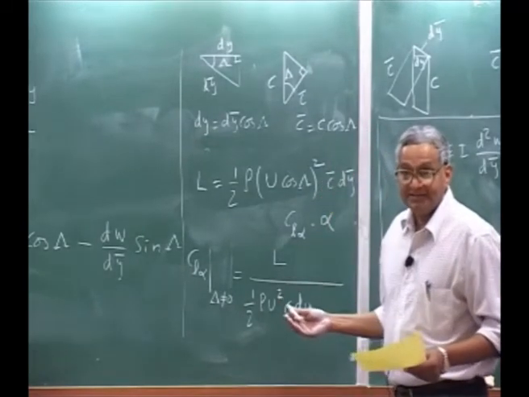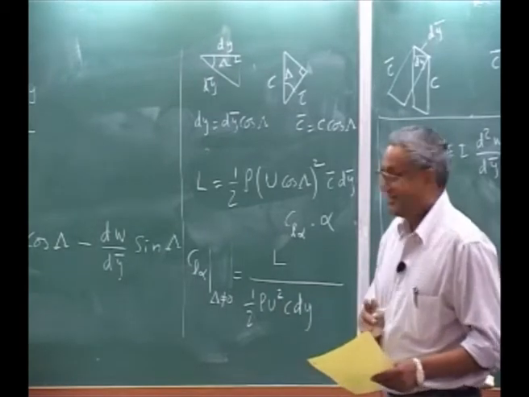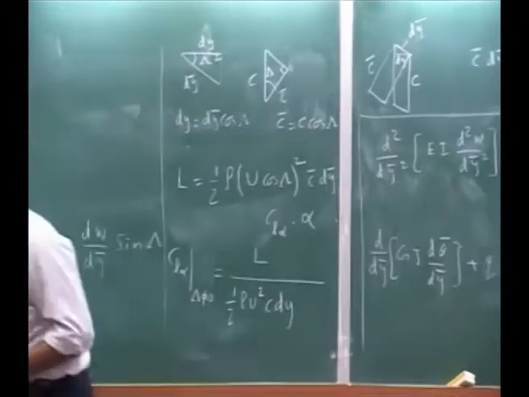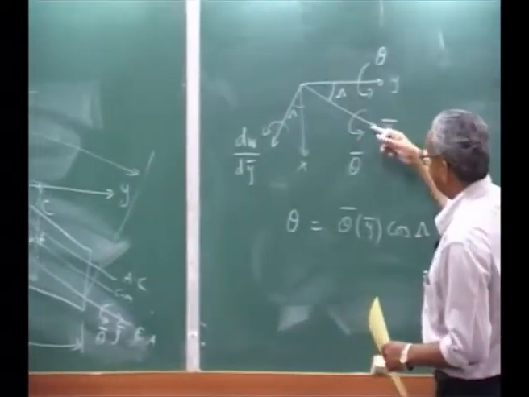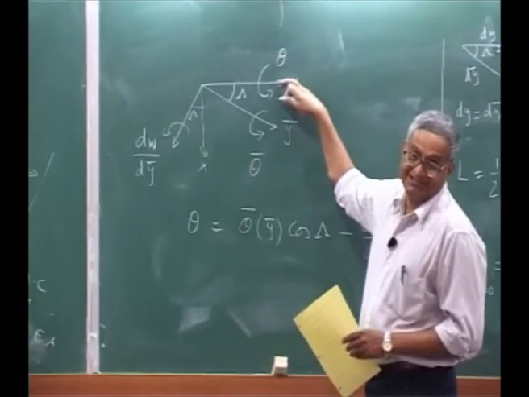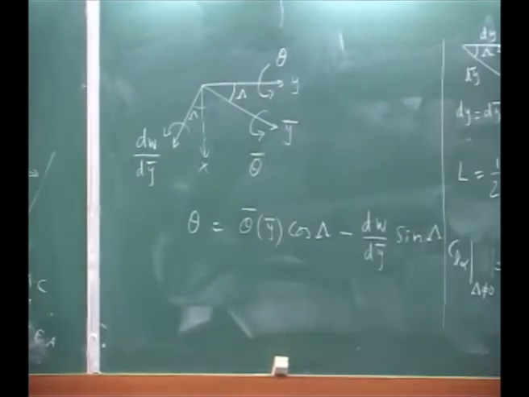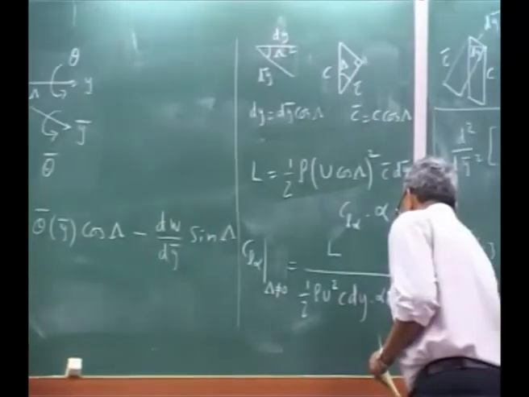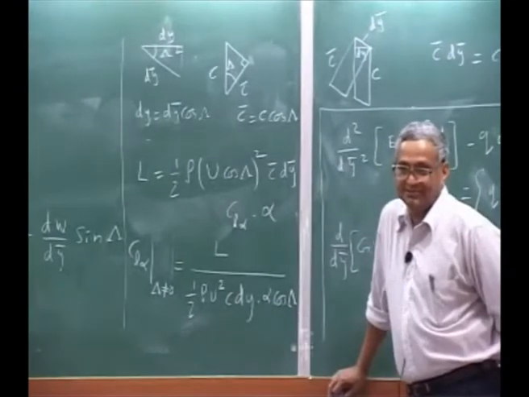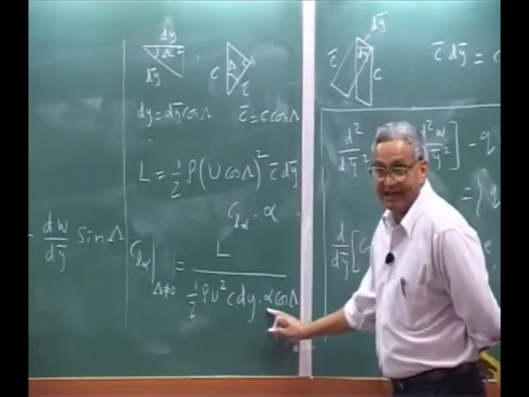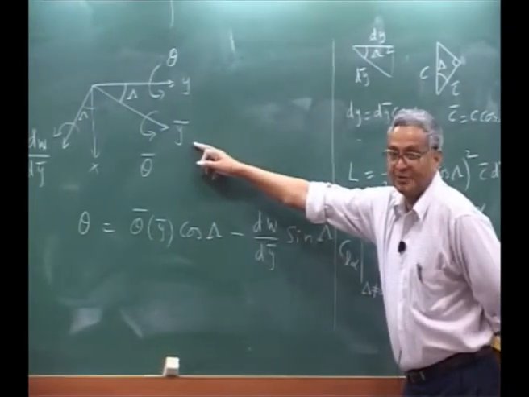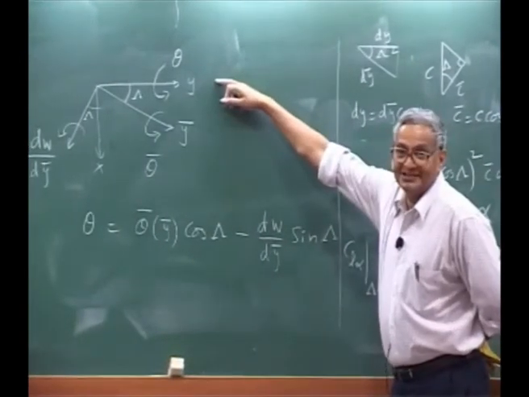And my angle of attack, if this is alpha, will be alpha cosine lambda, because alpha is the angle in this direction.